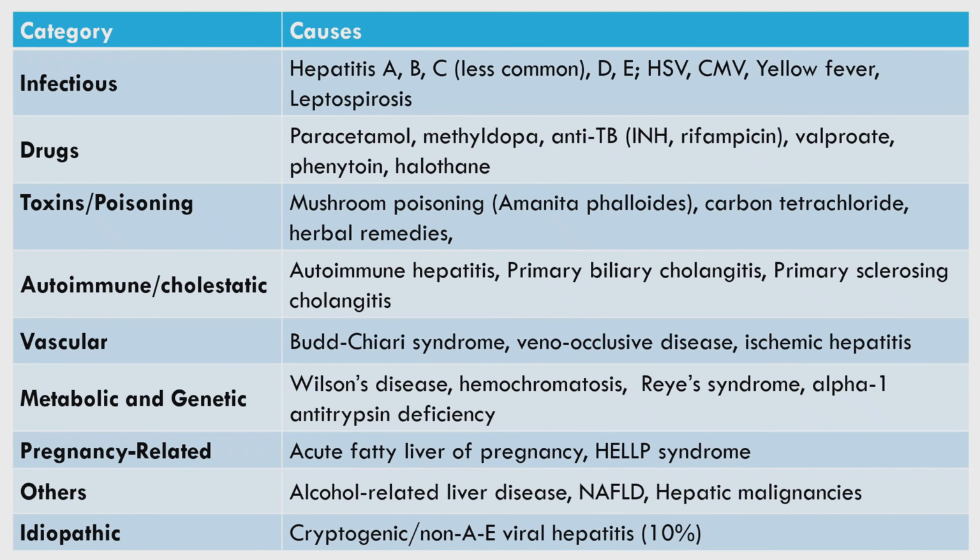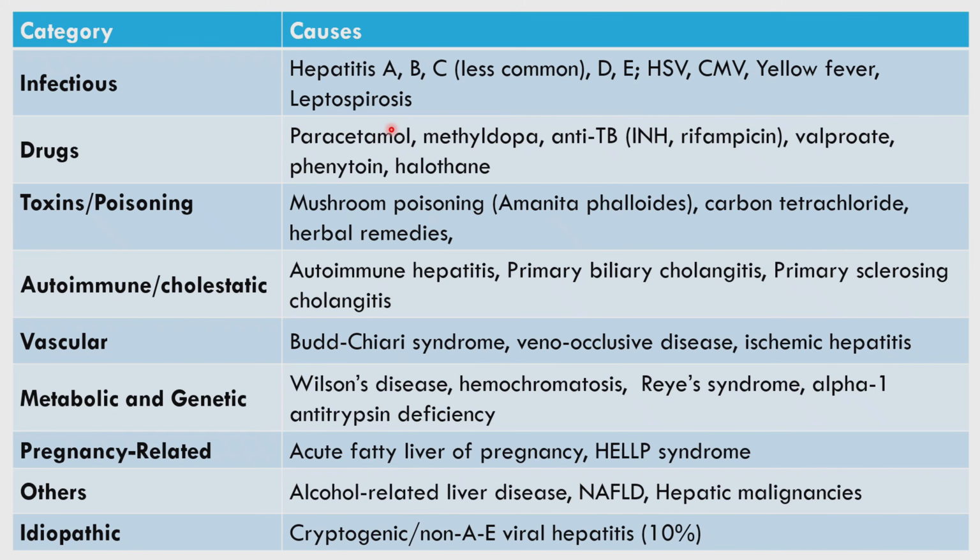This slide depicts the causes of acute hepatic failure from infectious causes, drugs, toxins, autoimmune, down to metabolic, pregnancy-related, and idiopathic. Infectious causes include hepatitis A, B, C, D, and E. However, it's less common with hepatitis C virus. Herpes simplex, cytomegalovirus, yellow fever, leptospirosis are all implicated.